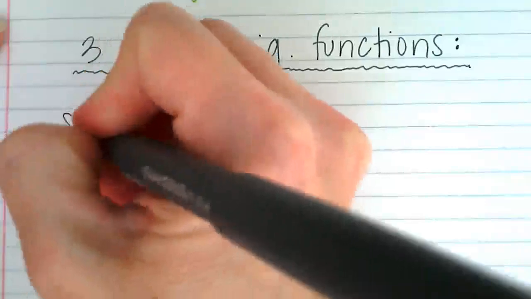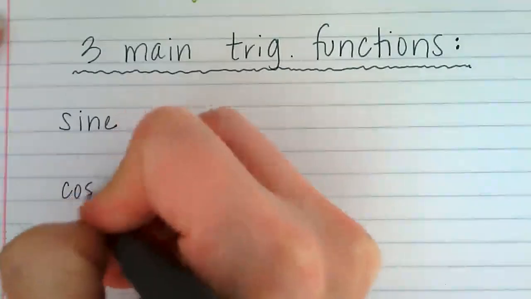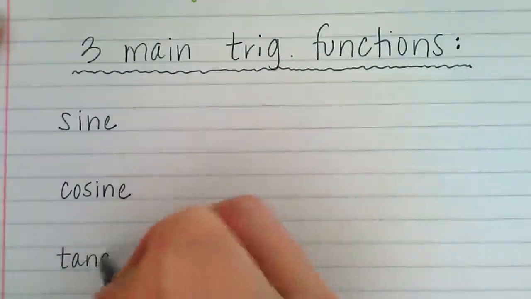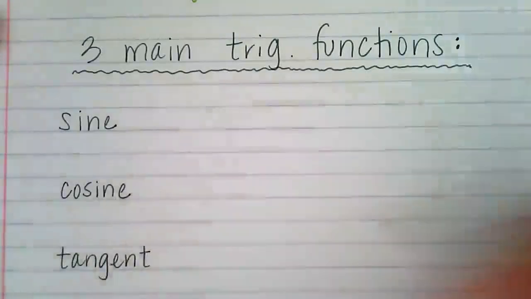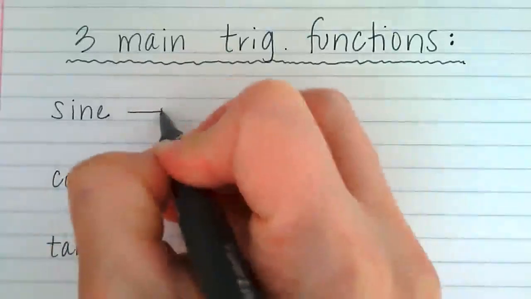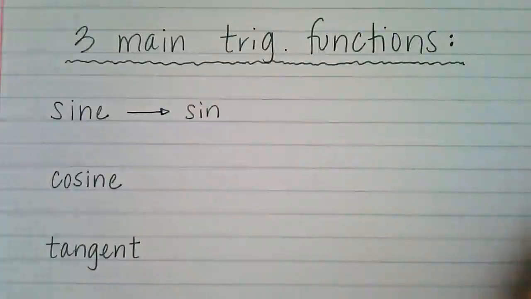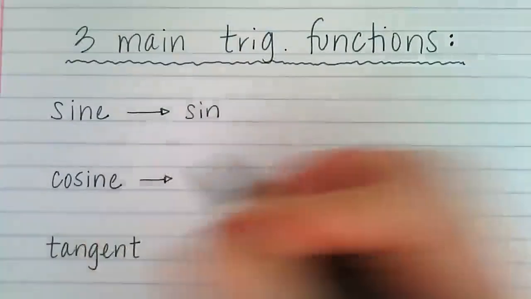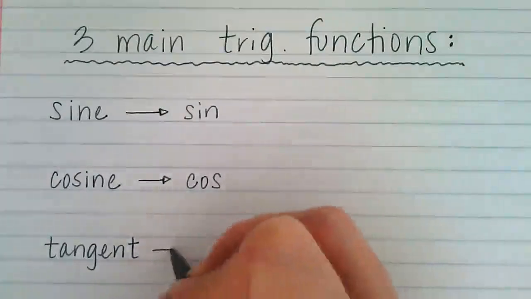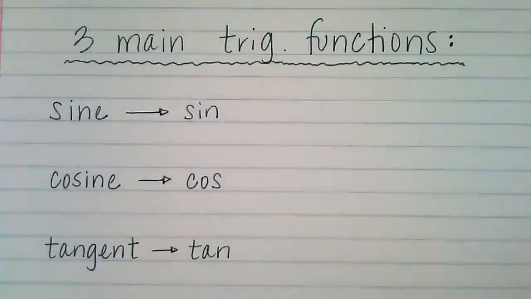So we have sine, we have cosine, and we have tangent. Those are our three main trig functions. This one is sine, which on the calculator looks like sin. This is cosine, and on the calculator it says cos. And this one is tangent, which on a calculator says tan.